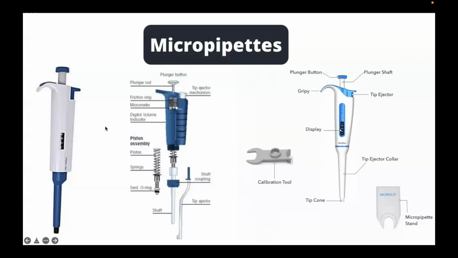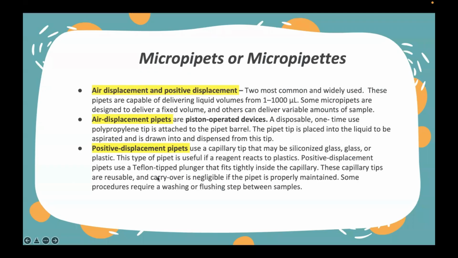Pakitandaan po. So, on your left side, meron naman tayong isa pang another example of your pipette, micropipette. We have the plunger button, tip ejector, ayan, micrometer. Ayan, i-discuss po natin yung mga functions nila later on, pero pakitandaan lang po yung kanilang basic parts.